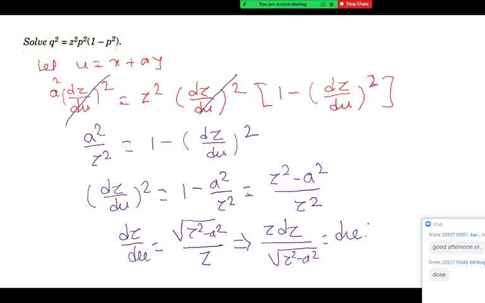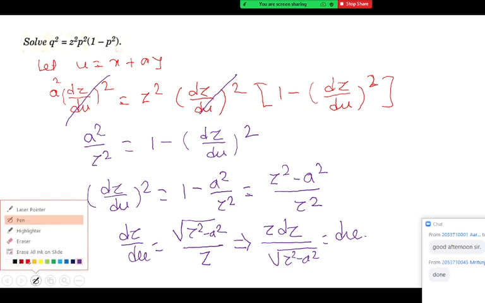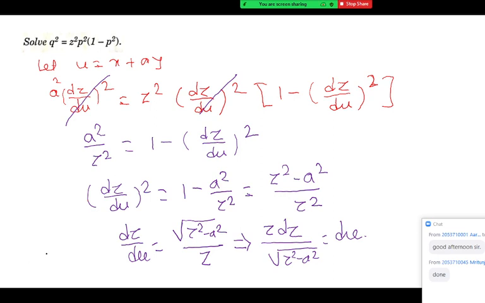And now the last step is integration. What is the integration of the LHS? Yes, anyone? Little louder. Sir, ln log. Not ln, not correct.